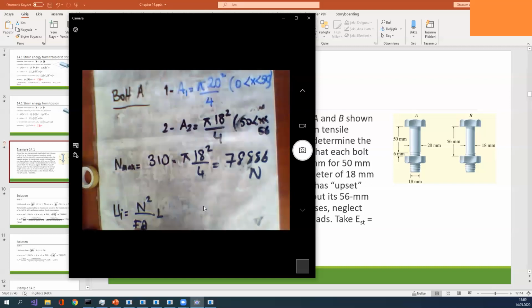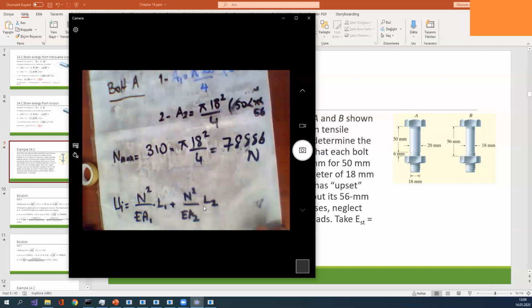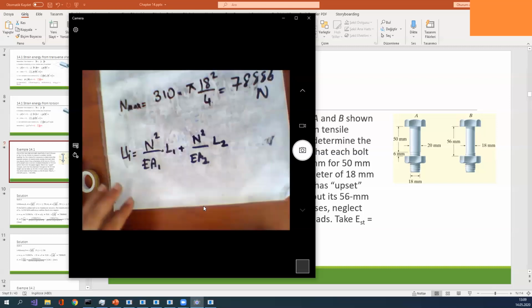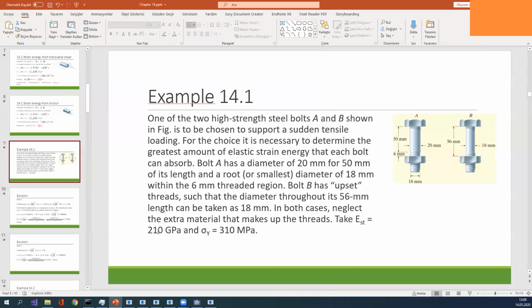The first one is N squared L1 divided by 2EA1, plus N squared L2 divided by 2EA2. Continuing, N is equal to 78,886, and E is 210 gigapascal, which I need to convert to megapascal.